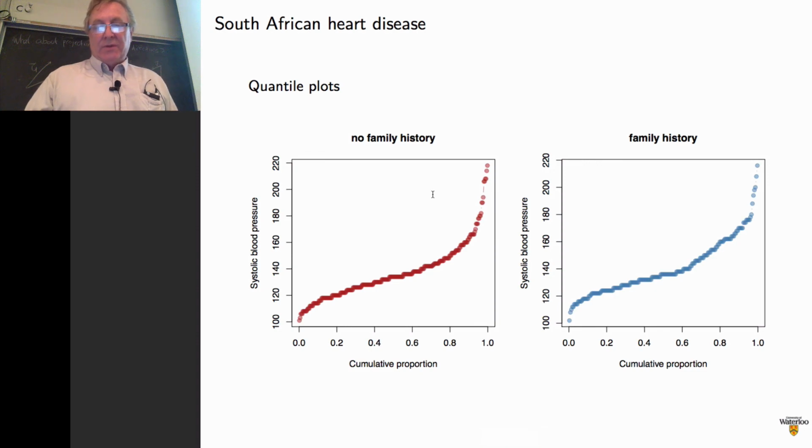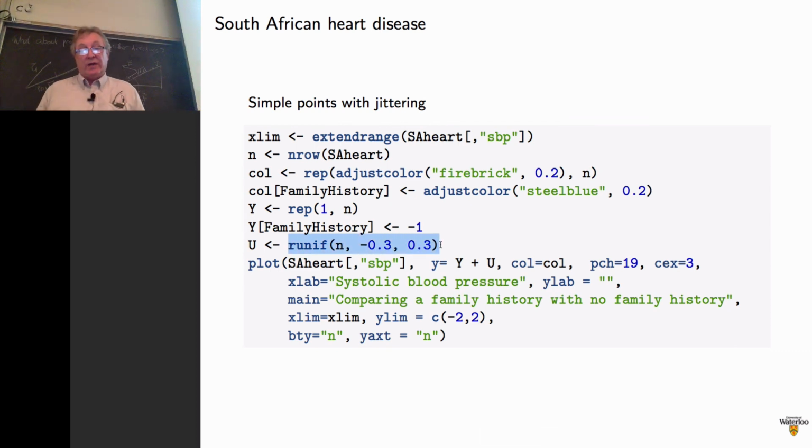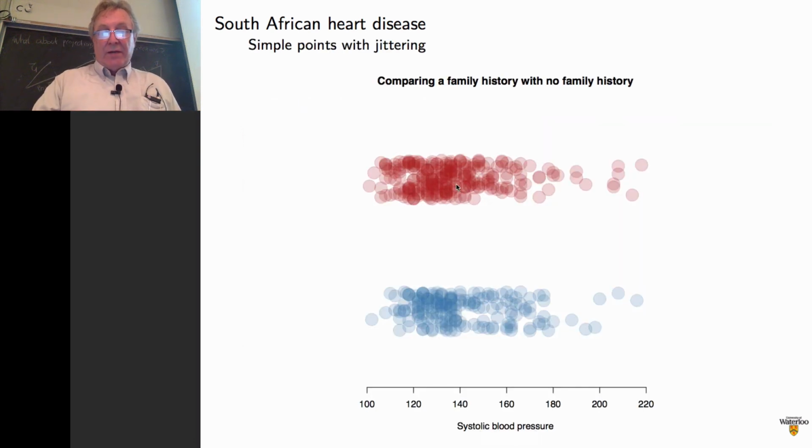Okay, just ordering. No, I take that back. I went the wrong direction. So I've got a random uniform around the value there that's producing the vertical scale. So that's just this random noise here that I don't care about, just to spread them out. Okay.